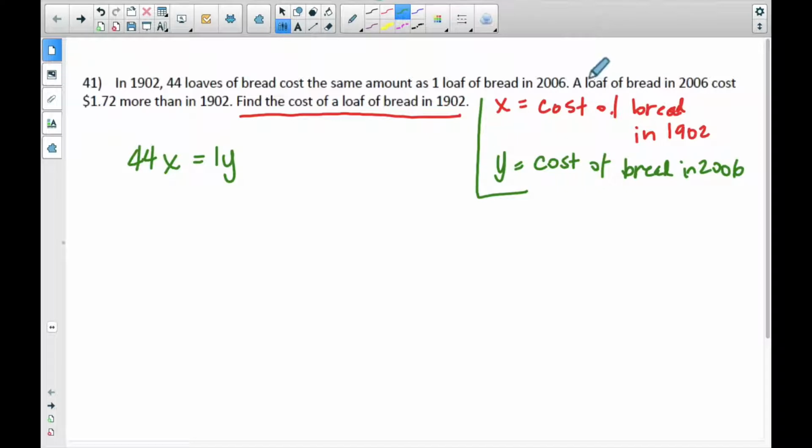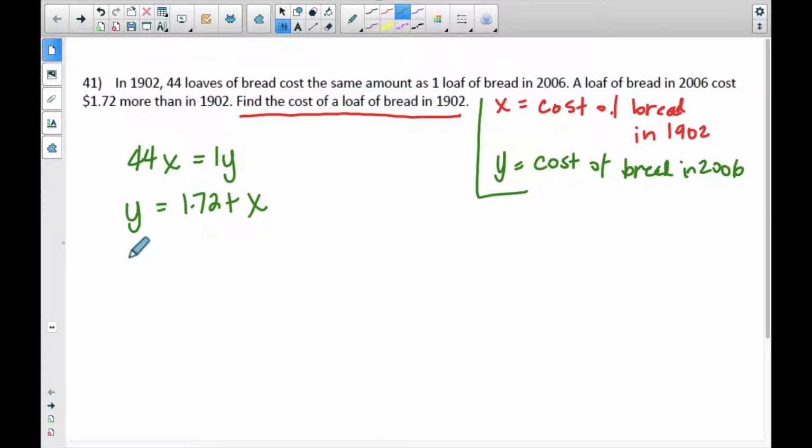The next sentence: a loaf of bread in 2006, that's Y, costs $1.72 more than it did in 1902. So let's review our equations. 44 loaves of bread in 1902 cost the same as one loaf of bread in 2006.